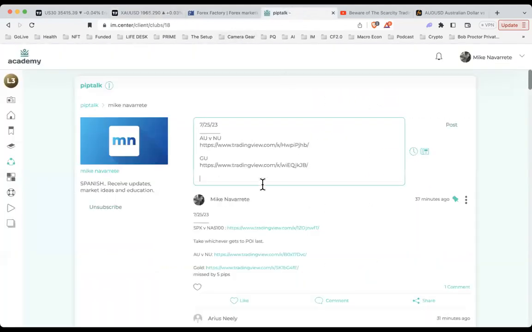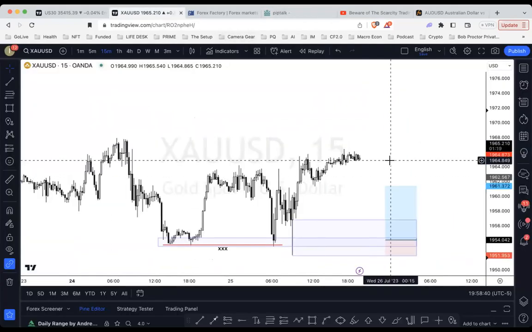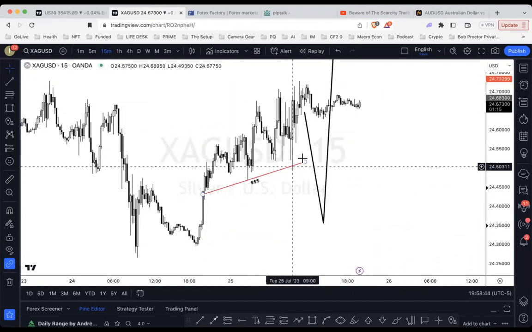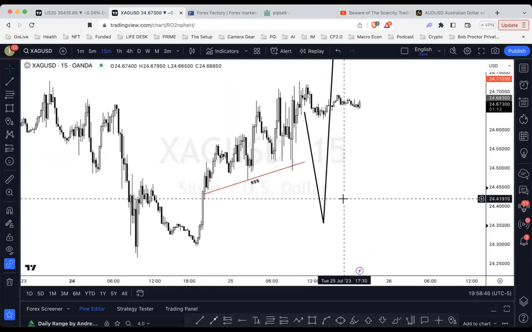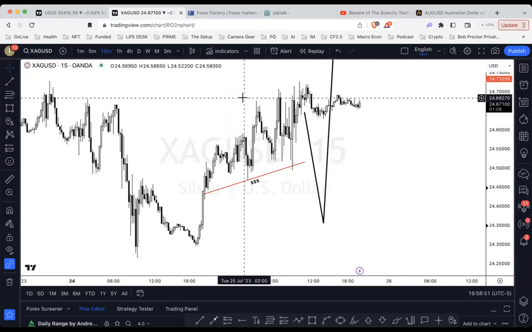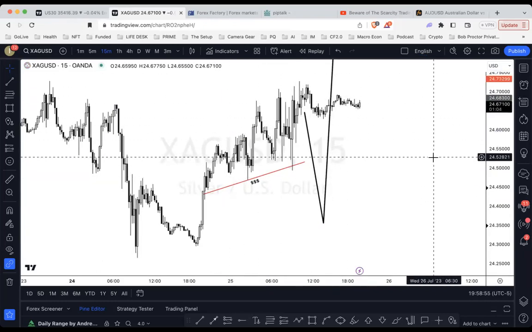So never, ever take the trade out of assumptions. What I would love to see is for silver to also get below all of this. If silver gets below all of this, and that puts gold into our point of interest, that's good. That's what we're really looking for. So gold, so that's metals.